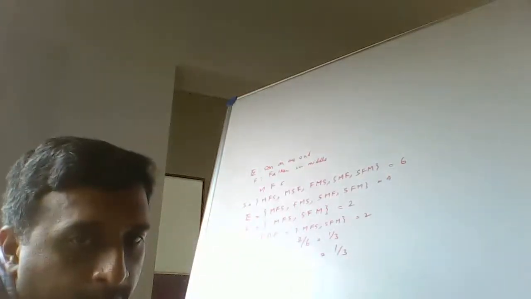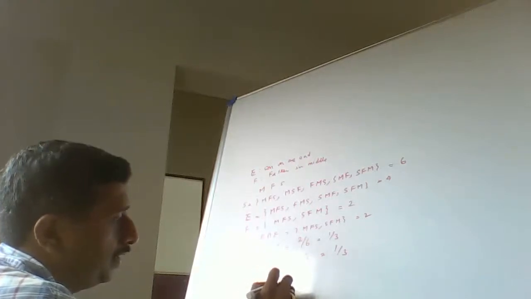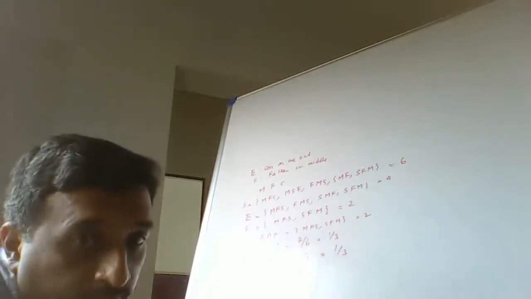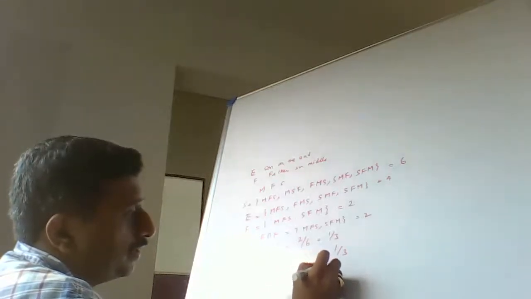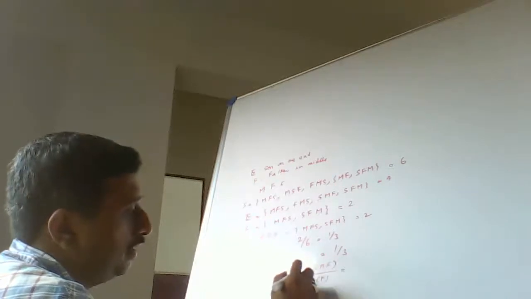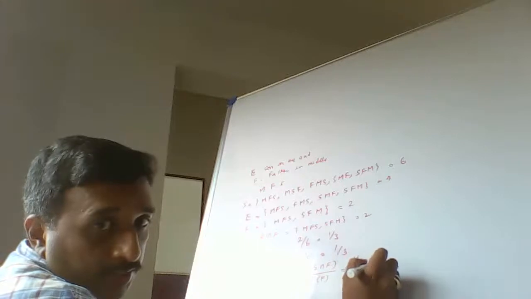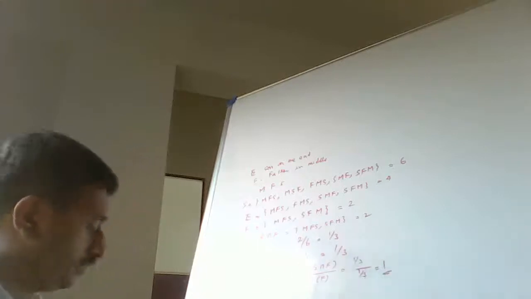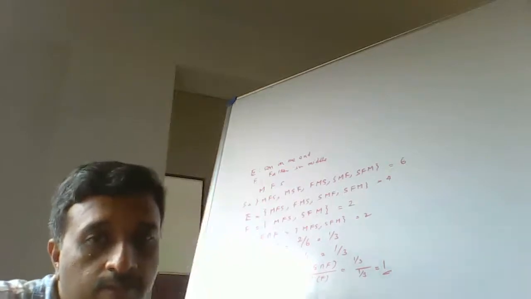And P of E given F: what is it? P of E intersection F divided by P of F. E intersection F is 1 by 3 and this is 1 by 3, which is equal to 1. Yes? Understood?